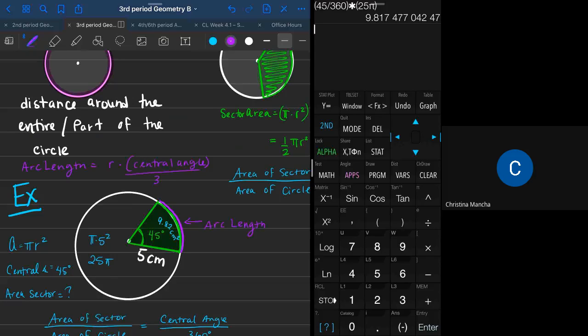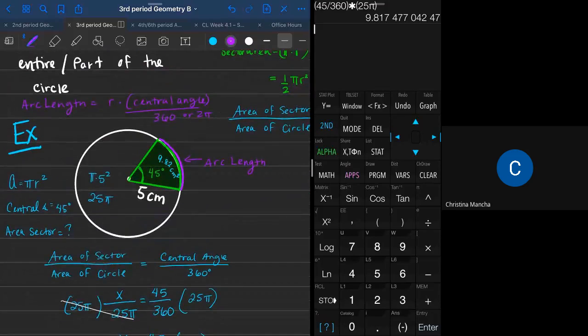Divided by 360 or 2 pi. Okay, so here we'll have arc length. We're going to call arc length equals S. So S equals, well, let's just continue calling it arc length.